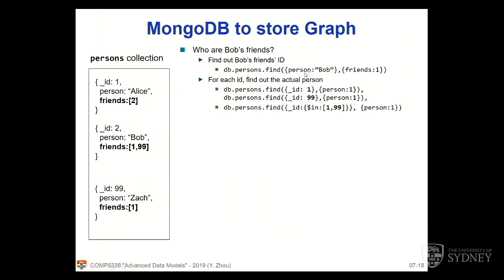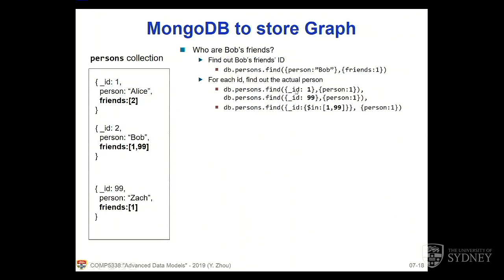So we just find when the person is Bob, and we only want to get its friends. So we have a query condition and a projection, but here we only get the IDs, and to find out the friends, we need the actual names. We need to run another query.